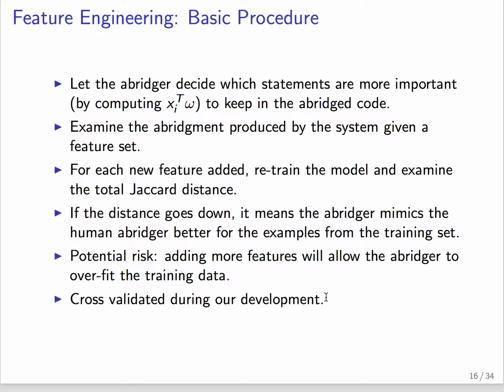But one potential risk is that this will probably let the abridger overfit our training set. But we apply the standard cross-validation machine learning approach, and at the end, as I mentioned before, we conduct a comprehensive user study to verify the utility of our tool.